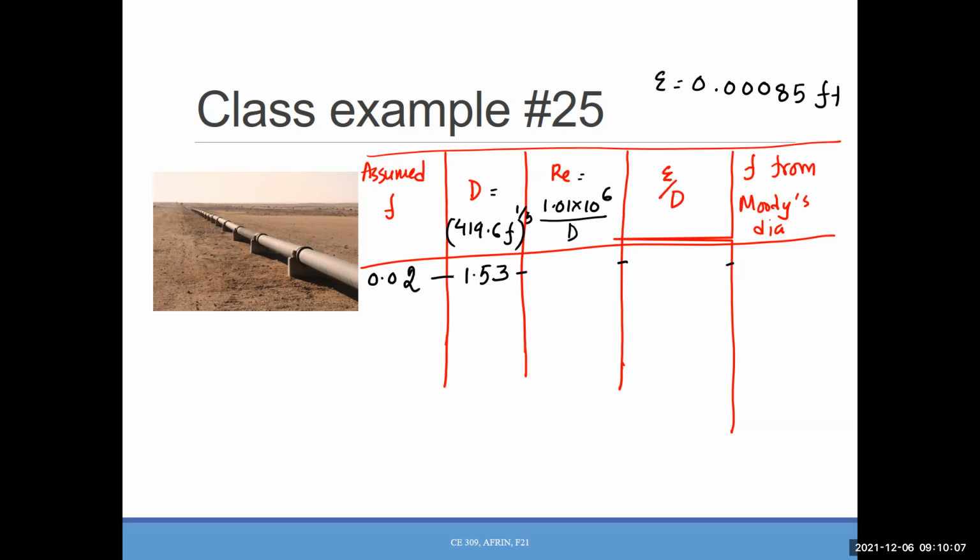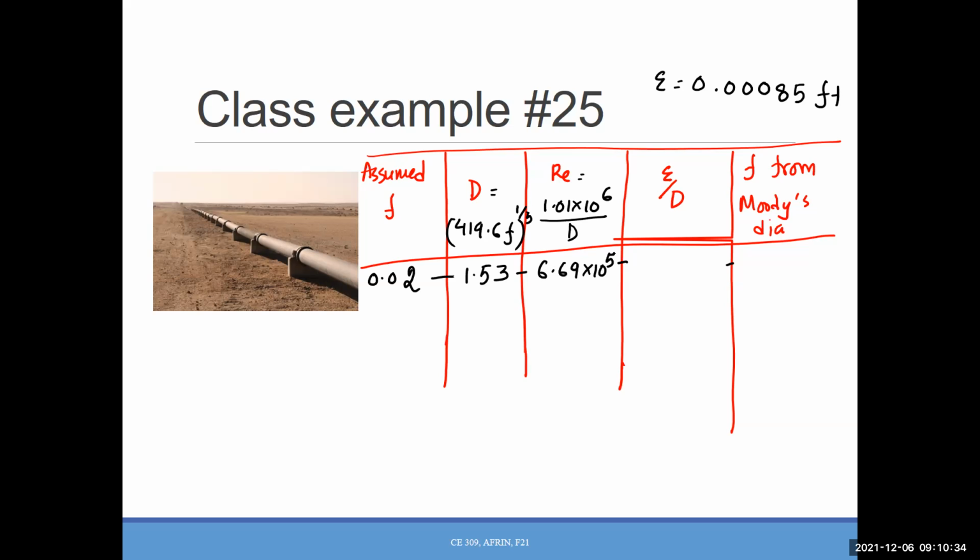Okay. What about the Reynolds number? 6.69 times 10 to the power 5.